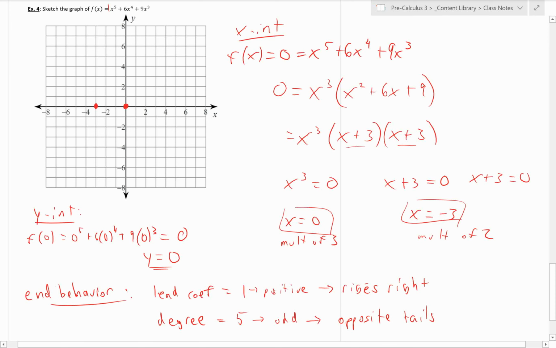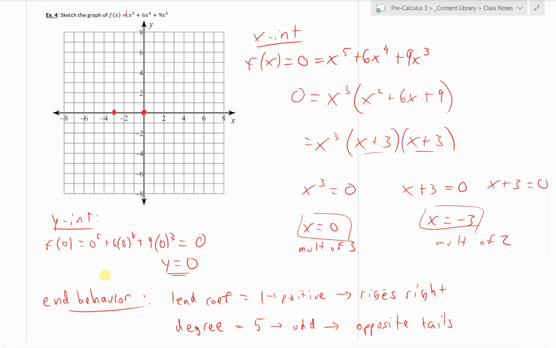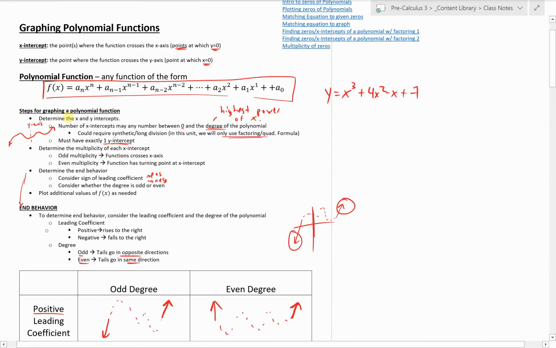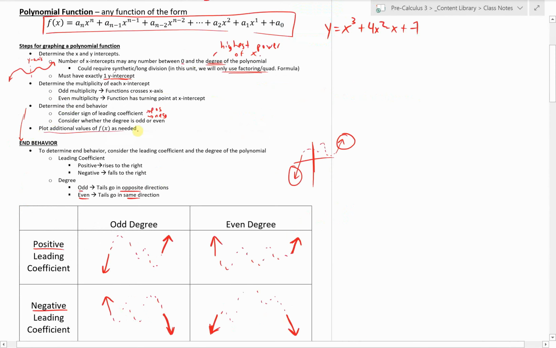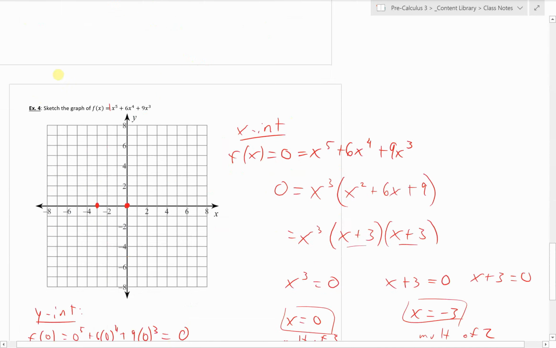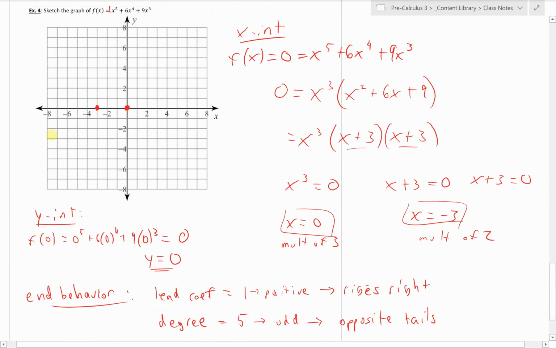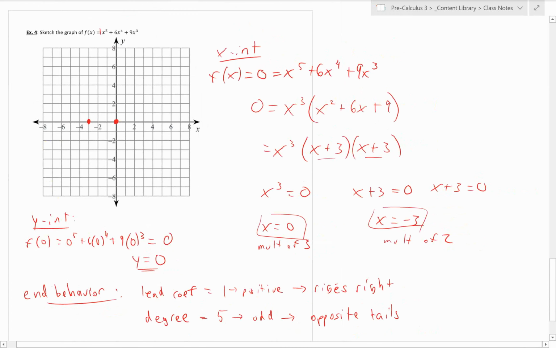One of the steps we mentioned in the beginning of the notes here was to plot additional values as needed. If you feel like you want to see some more values to get a good idea of what's going on here, feel free to go and plug in some values. I'd recommend maybe 1 or negative 1, a couple of small values to get a sense of what's going on. But really, just with these 2 points and end behavior, we can get a good idea of what's going on with the graph here.